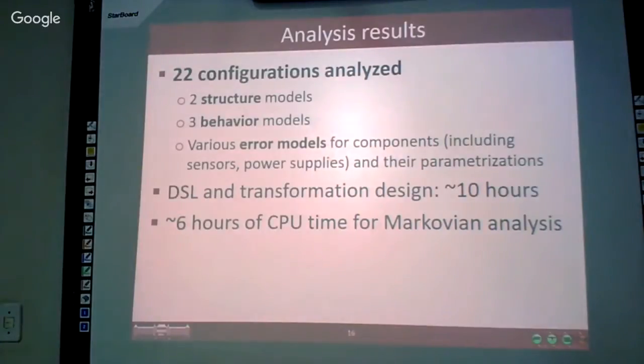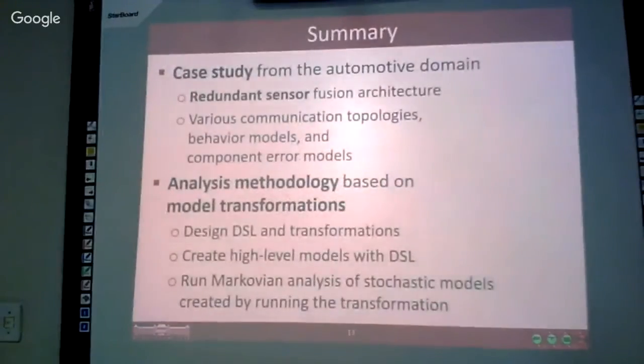And after creating these models, we just had a huge computer in Amazon in the cloud, and we ran all the analysis. It took 6 hours of CPU time to do the Markovian analysis. It was done by our own statistical analysis tool that is quite efficient.